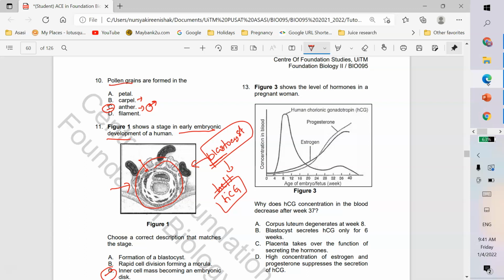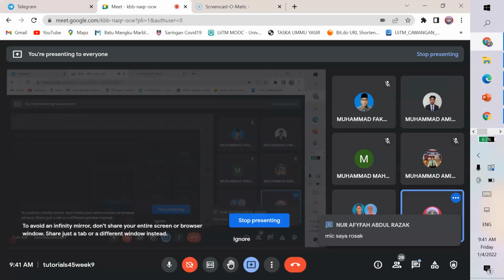Tak dengar awak bercakap. Mic saya rosak. Okey, 13. Awak type kat situ apa jawapan awak? Nombor 13. 13 is C, is it?